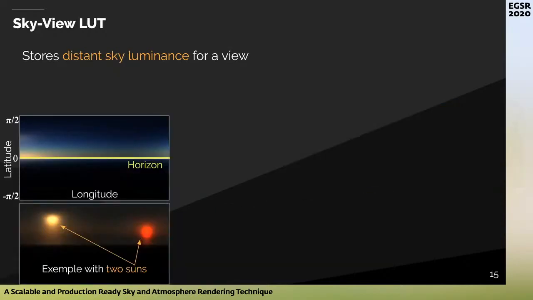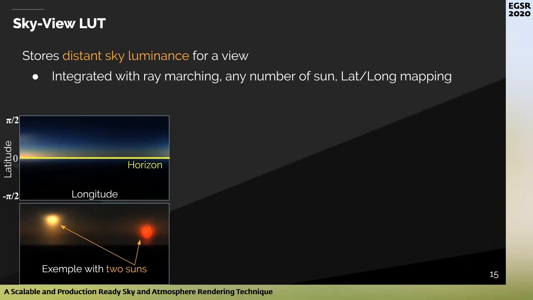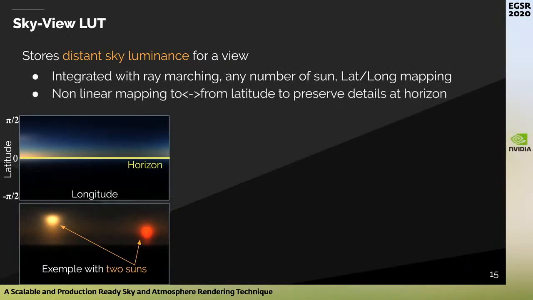The sky view LUT is the lookup table we propose to render the distant sky. It stores the raymarching result using a lat-long mapping. It can store the contribution of multiple suns. And please do note that the latitude mapping is not linear.